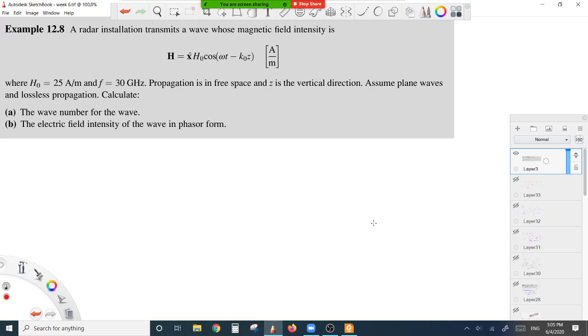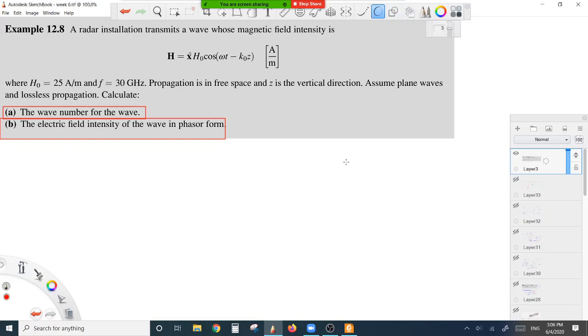Assume plane waves and lossless propagation, and we need to calculate the wave number for the wave and the electric field intensity of the wave in phasor form.